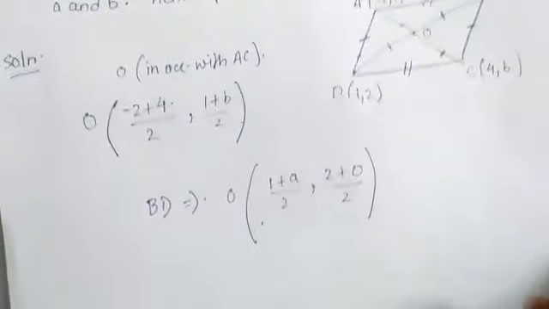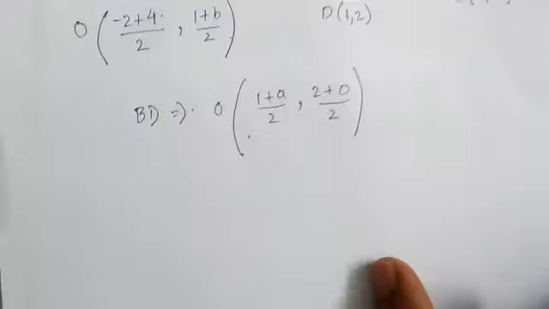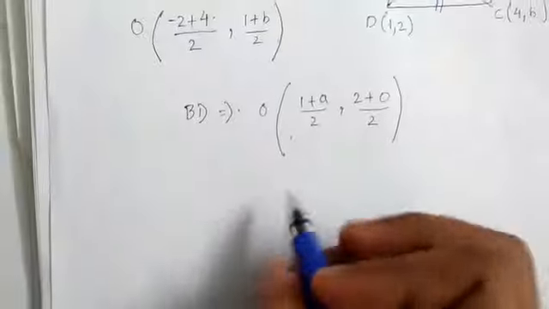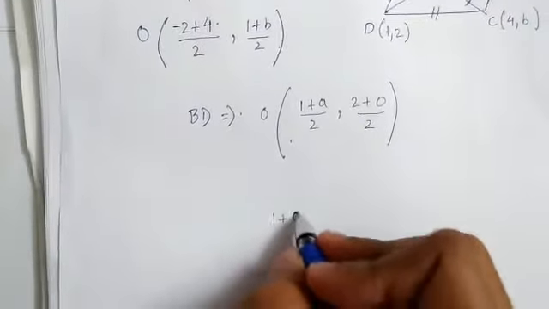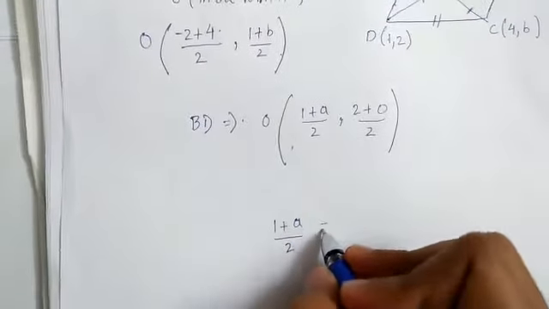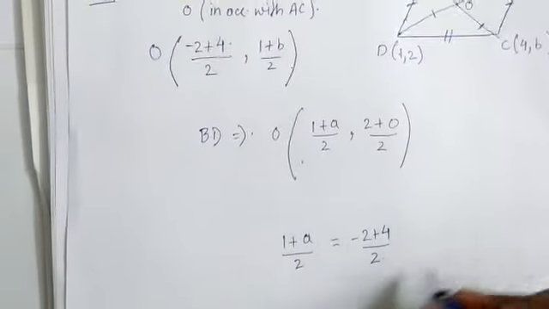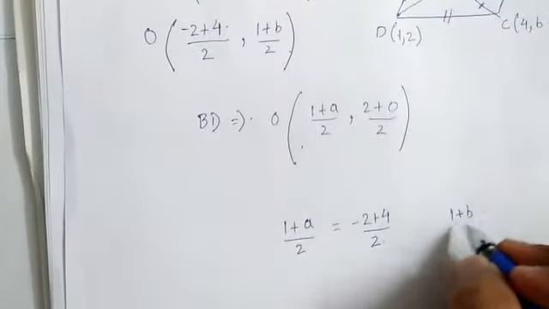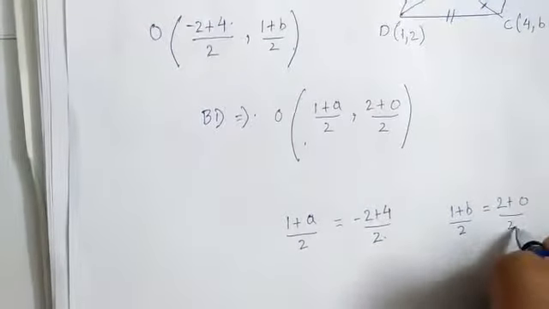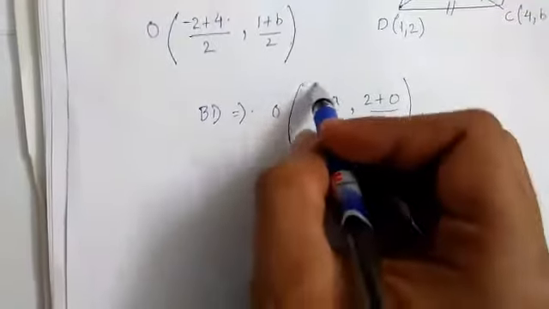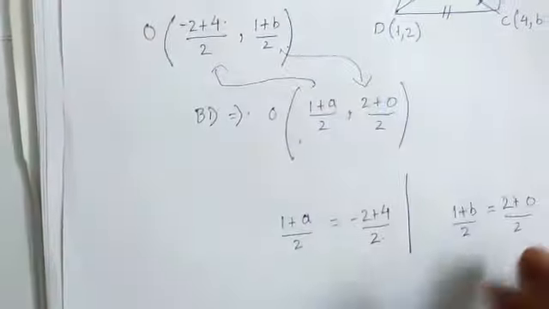Whether we take AC or BD, both give the coordinates of O only, so we can equate them easily. Equating the x coordinates, (1 + a)/2 = (-2 + 4)/2, and the y coordinates, (1 + b)/2 = (2 + 0)/2. So we have equated x with x and y with y.